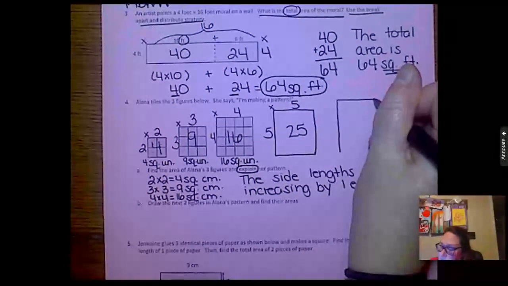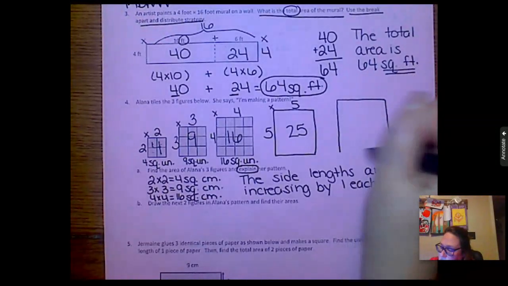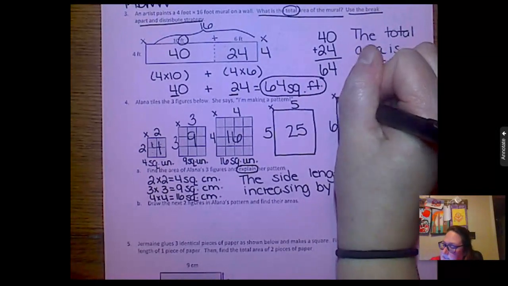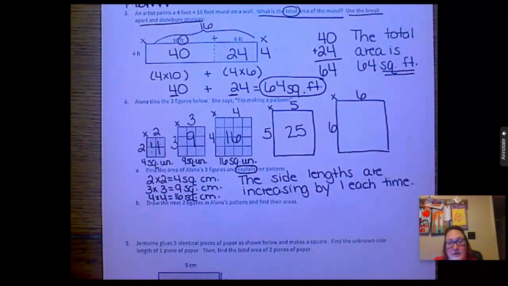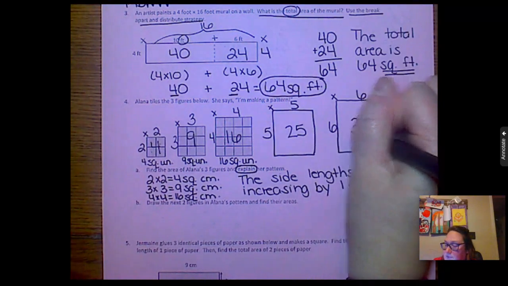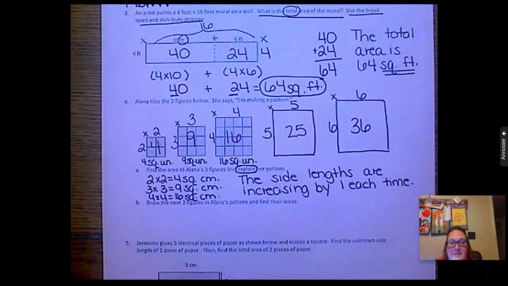So this one's got to be even bigger. It's a square, right? So I want to try to make it look like a square still. And my side lengths are 6 times 6. And do you know what that area is? If you already did this, what did you come up with for the area for 6 times 6? 36. Good job.